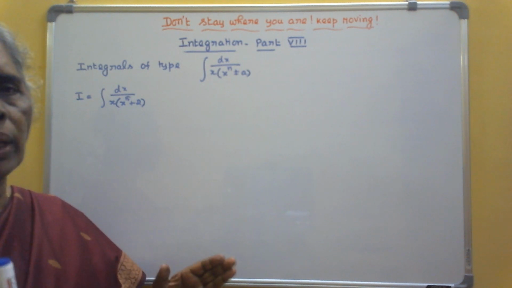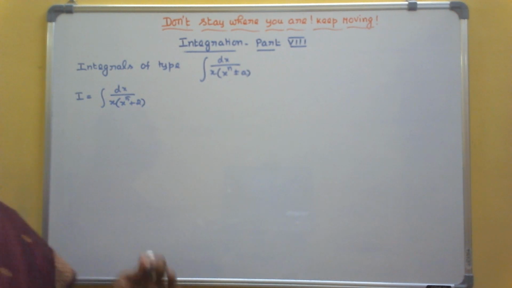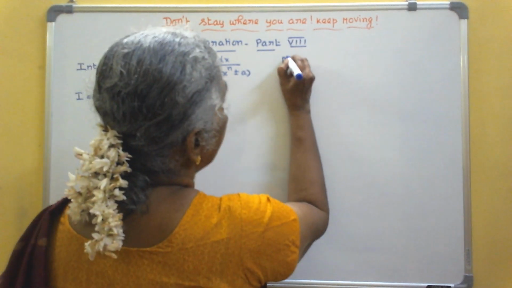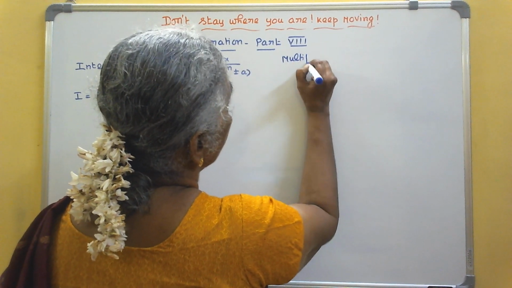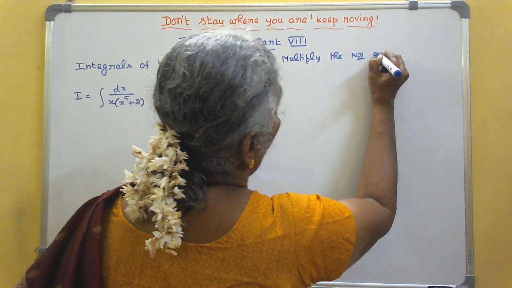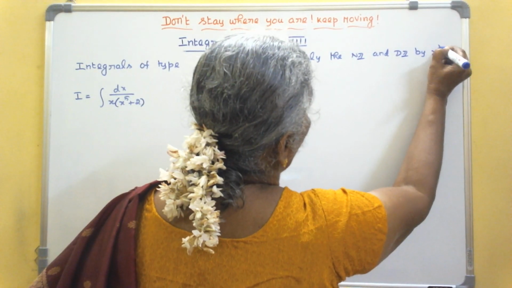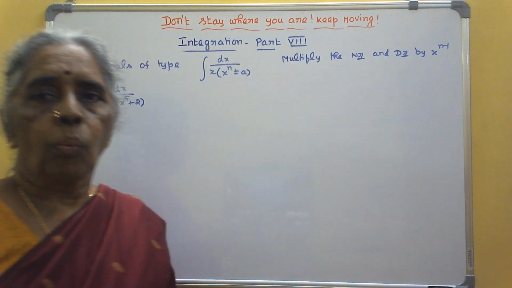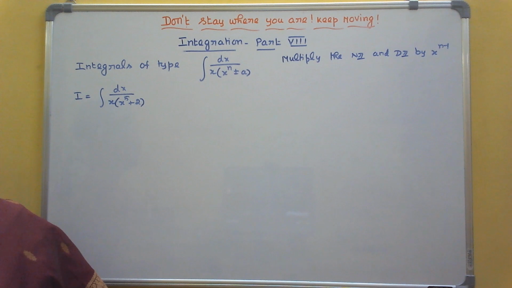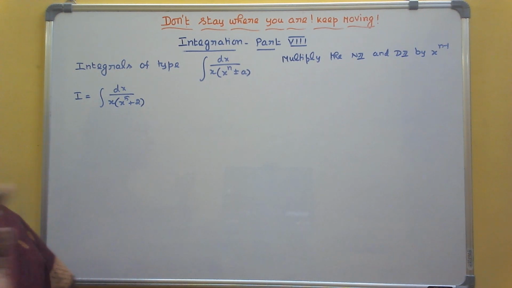For that model what to do? Here you have to remember two things. The first is multiply the numerator and denominator by x power n minus 1. Whatever be the n, you have to multiply the numerator and denominator by x power n minus 1.